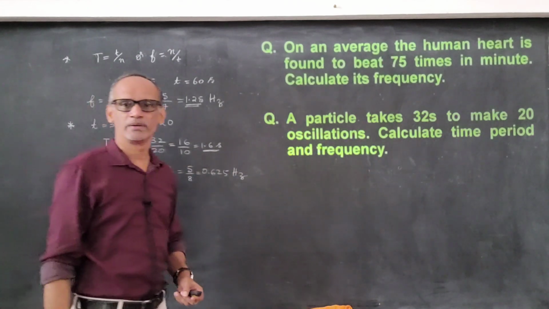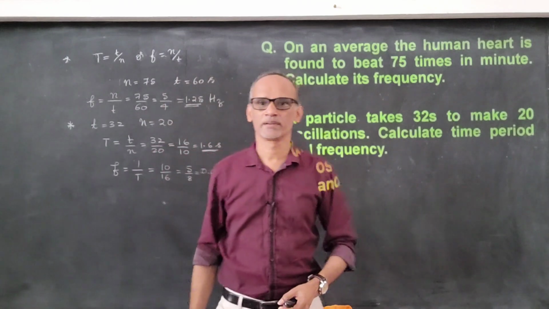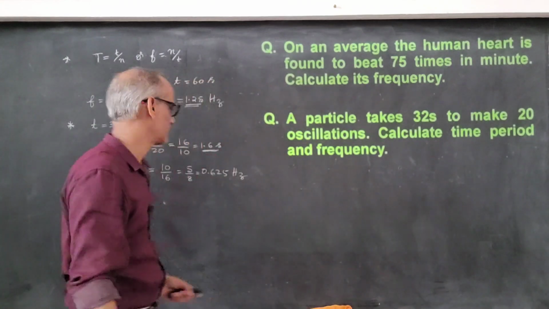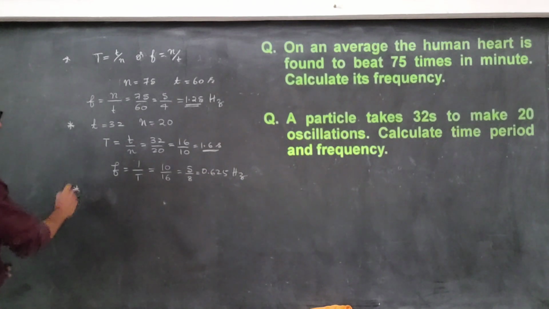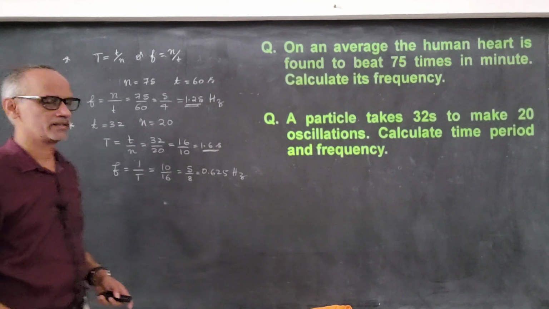So you should be good at basic maths, which is very useful, especially for competitive examinations. This is the way to calculate. Don't use a calculator every time, whenever the numbers are very simple and easy.